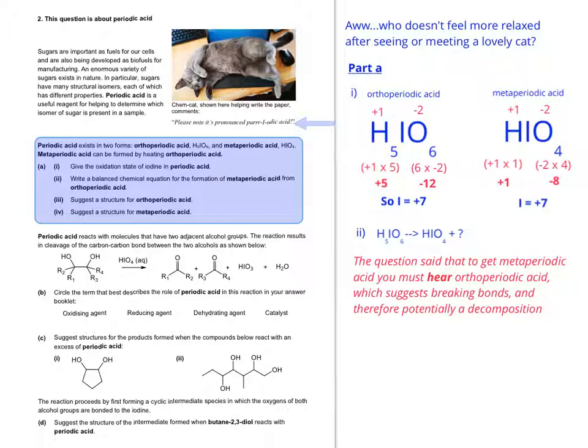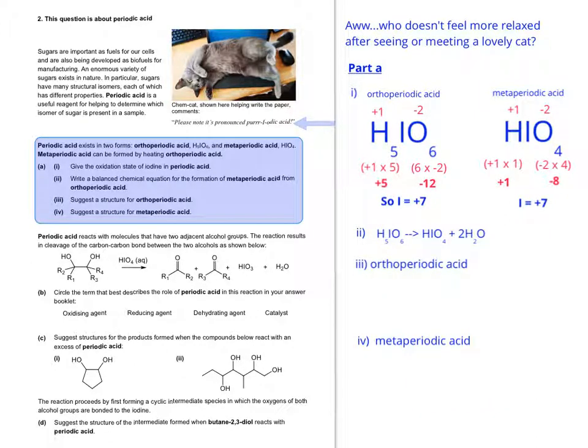So that might be two things produced from H5IO6. If you change from H5IO6 to HIO4, you use up 4 hydrogens. If you use these 4 hydrogens to make 2 waters, it also balances for oxygen, because the oxygen goes from 6 down to 4 in HIO4.